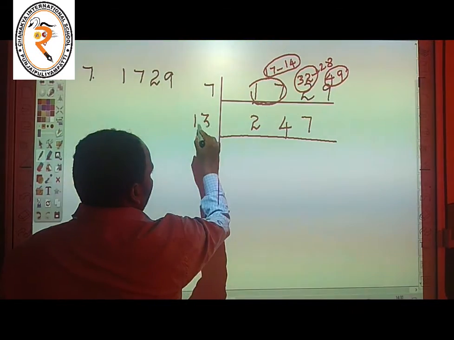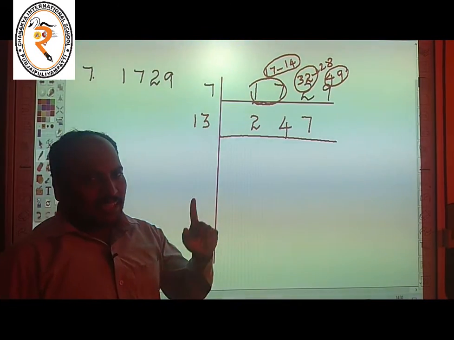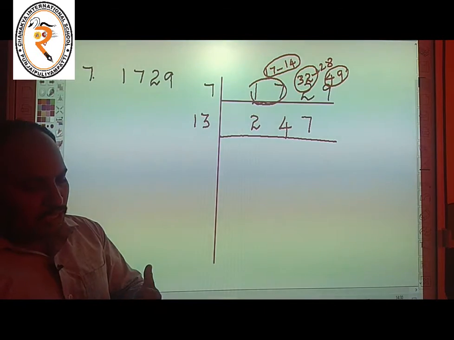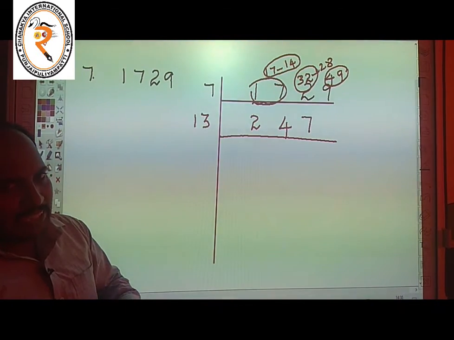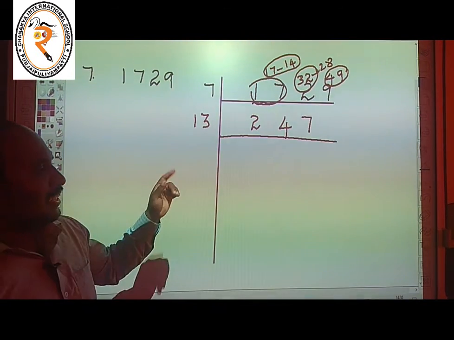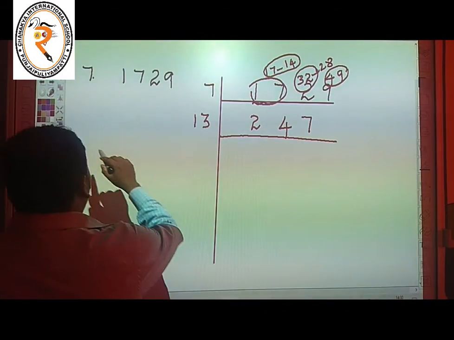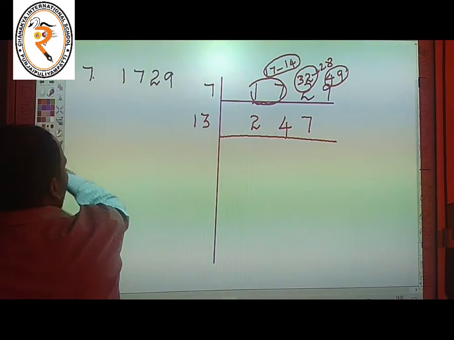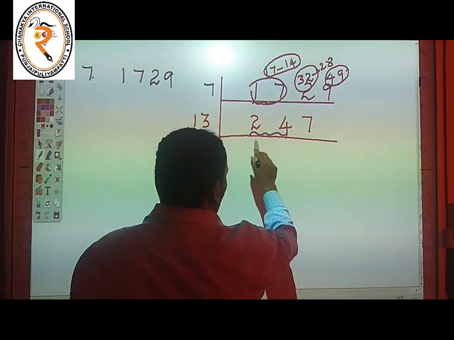Next we take number 13, because 247 is not divisible by 2 and 3 and 5 and then 7 and 11. It is divisible by 13 only. We take first 2 digits, 24.